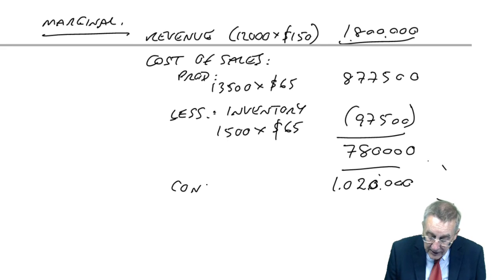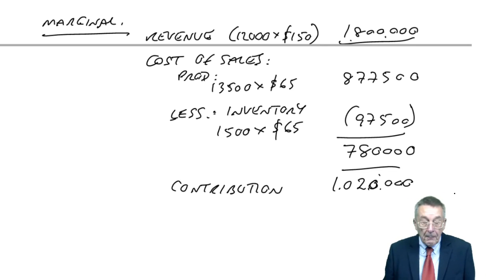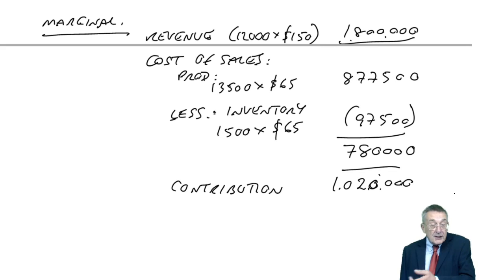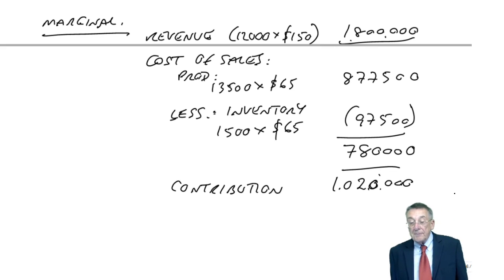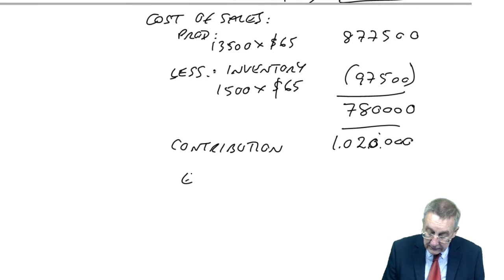That is our contribution. The term contribution will be vital in so many of the later chapters. However, that's not the final profit, of course, because there are fixed overheads payable.